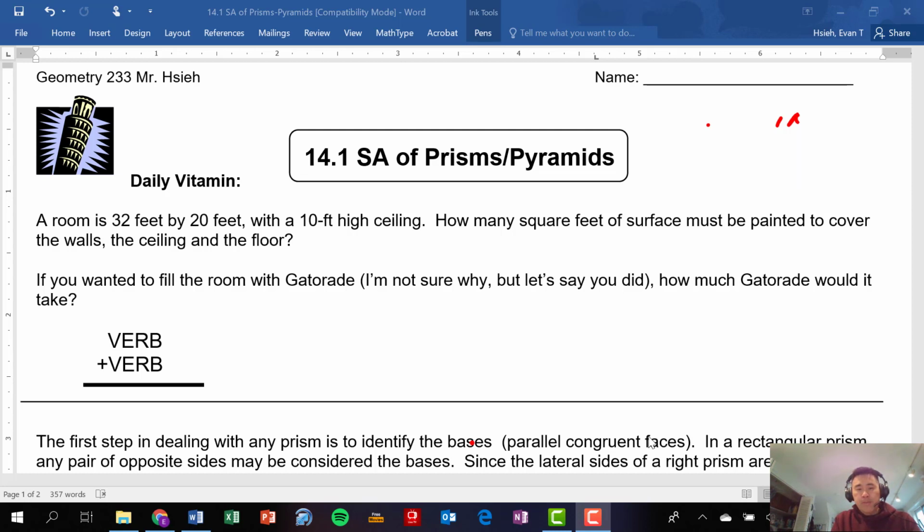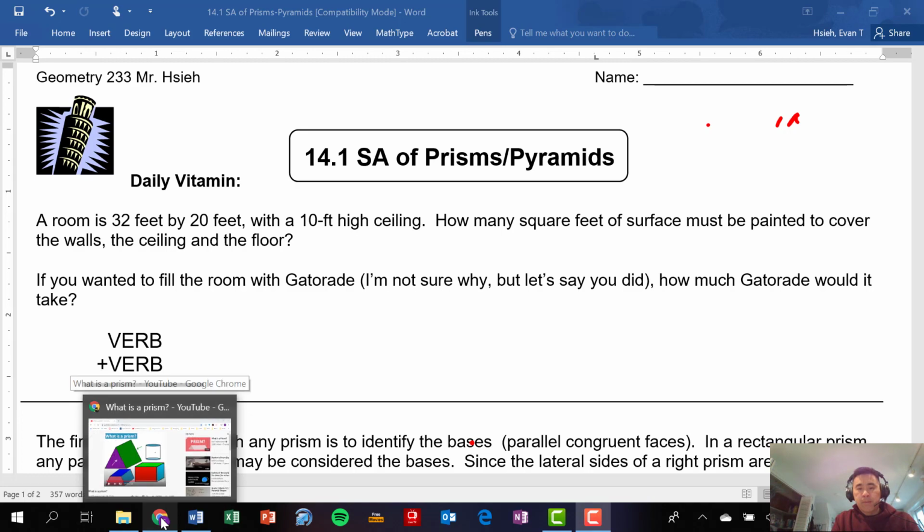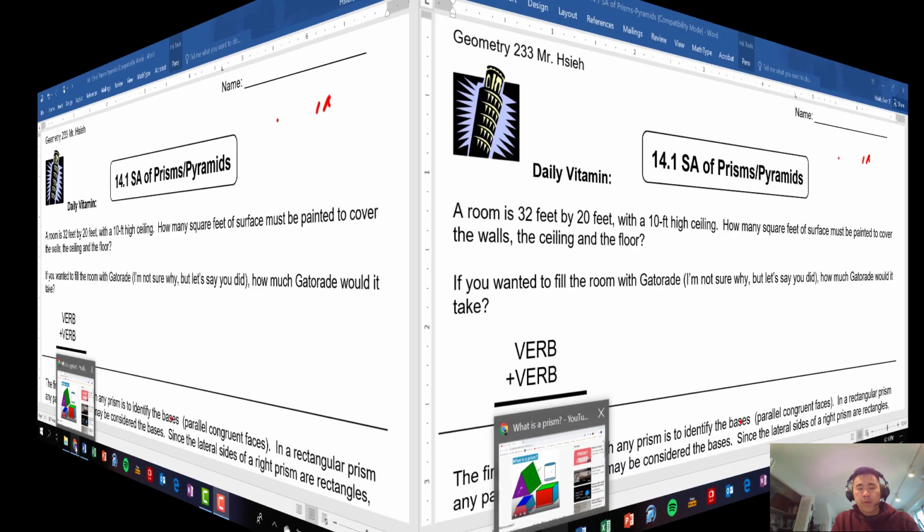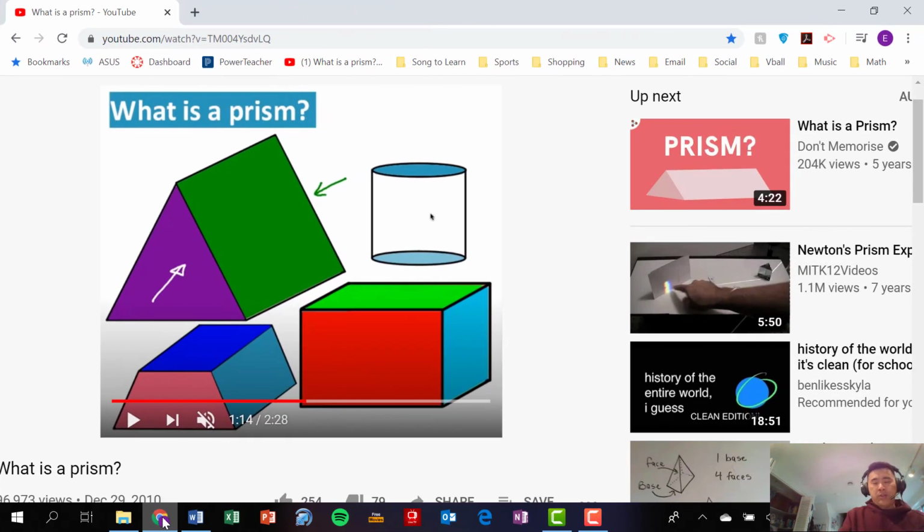So as we take a look at prisms, the first thing we should do is at least define what a prism is. And I'm going to pop over to a YouTube video here and just take a look at a video that talks about prisms. Here is a prism, the two figures over to the left, as well as the rectangular prism right here.